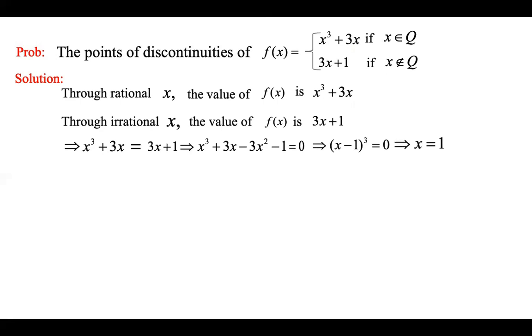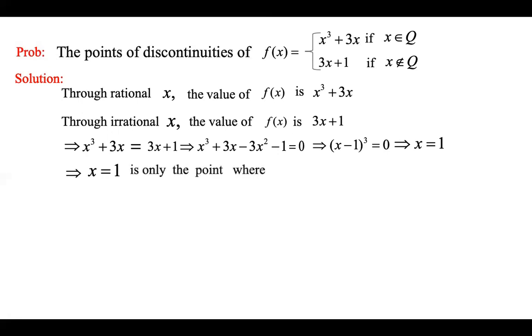It means that at x is equal to 1, in a small neighborhood of 1, either on the left side or the right side, through the rational values and through the irrational values, even though they are taking different formulas, the function values become close. Therefore, the function becomes continuous at x is equal to 1, and at all other points it is discontinuous.